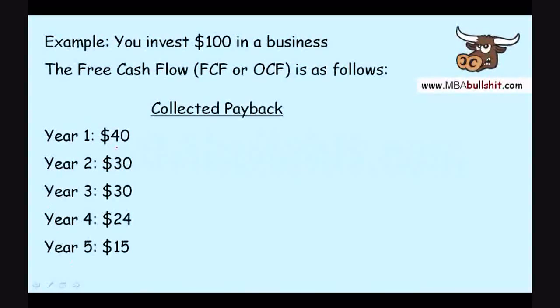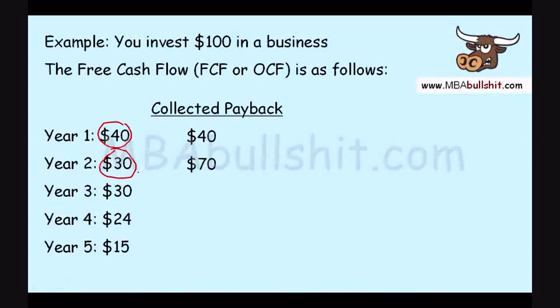You earn $40 in year one, so your total collected payback is $40. For year two, your collected payback is the cash flow from year one plus the cash flow from year two. So that is $70. 40 plus 30 equals 70.